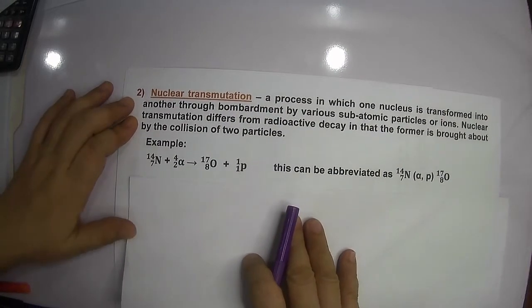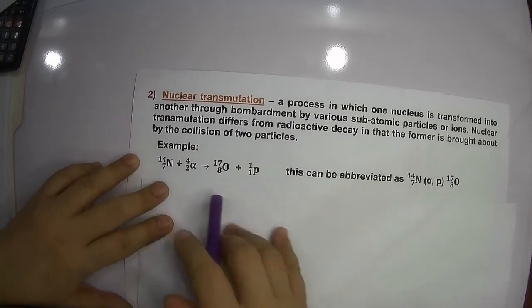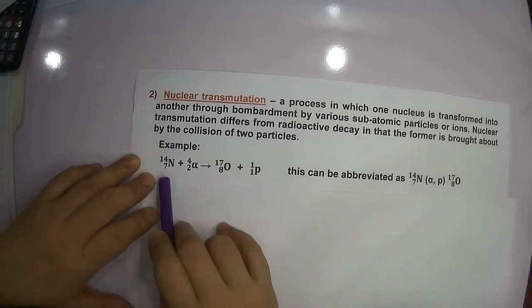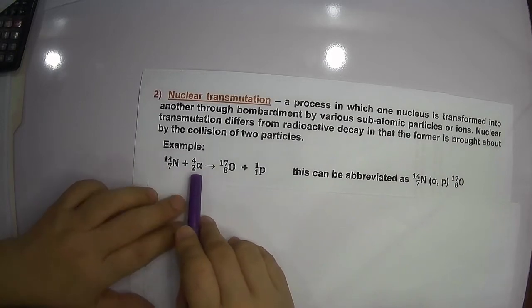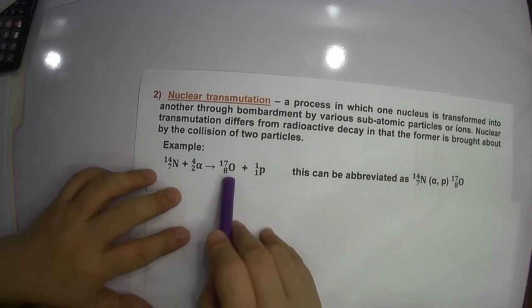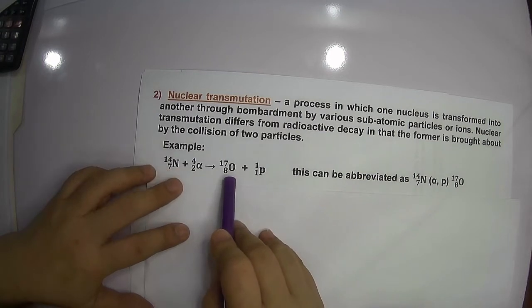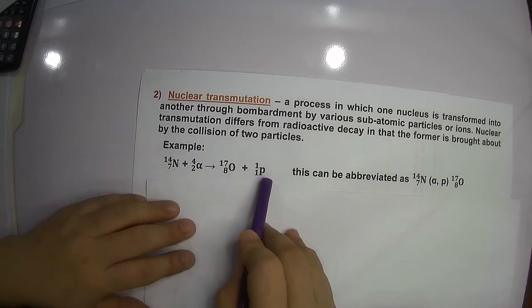Here we have an example of a nuclear transmutation where nitrogen-14 is bombarded by an alpha particle, producing a product nucleus, which is oxygen-17, and a particle, or proton.